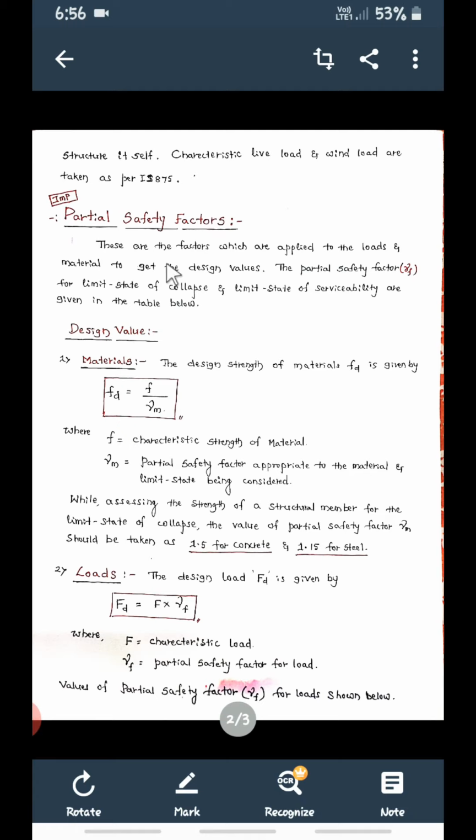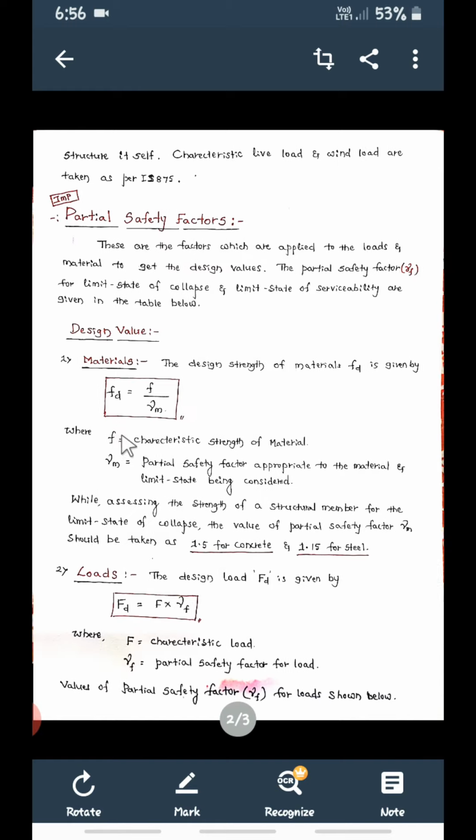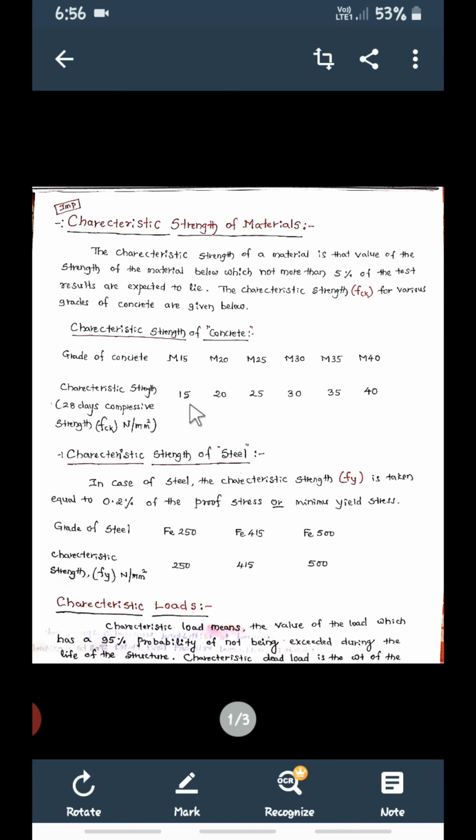Now see here, these are the factors which are applied to the loads and materials. So just now you have seen materials. With these materials and loads, we're going to use these factors to get the design values. Whatever is mentioned here, these are the characteristic values: characteristic strength of concrete, characteristic strength of steel, and characteristic load.